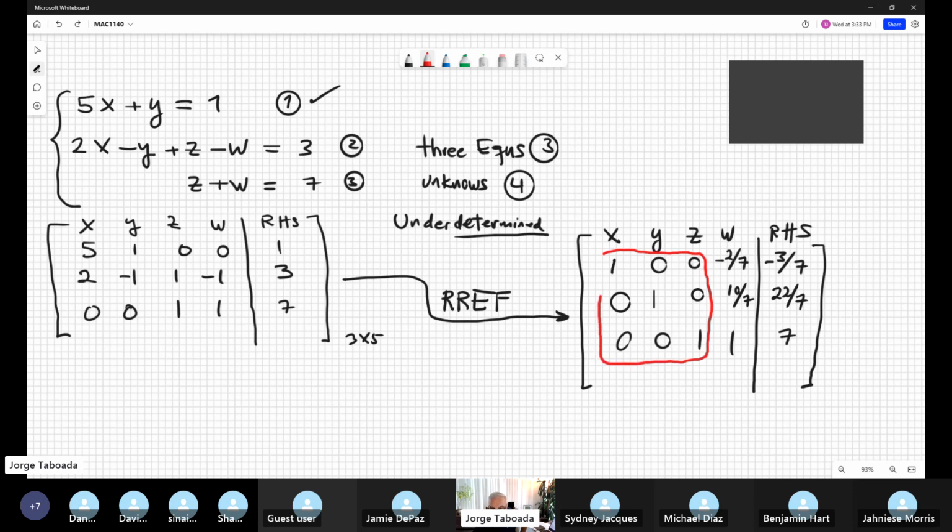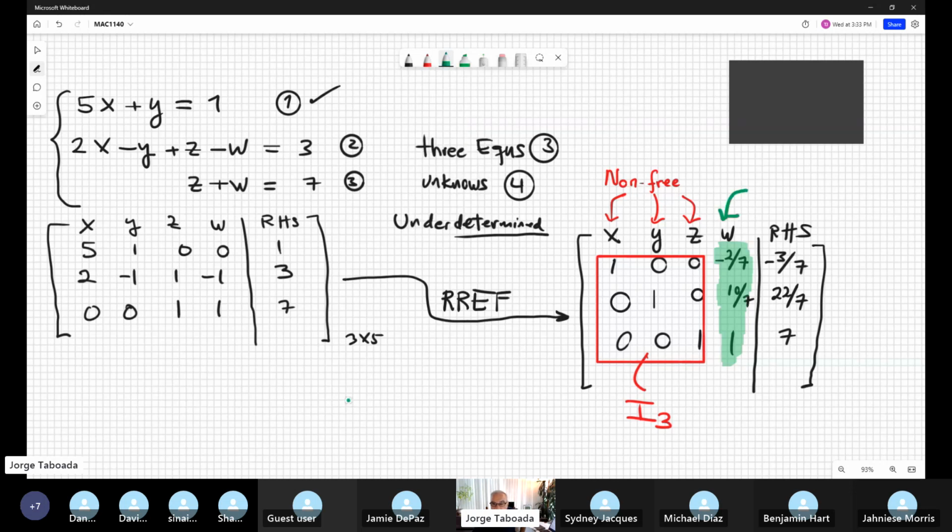That means that x, y, and z are non-free variables. But then, which is the free one? It is obvious that the free one is the extra block, totally independent of the identity matrix of dimension 3. This is the identity matrix of dimension 3, 3 by 3. Okay, so w is free. w is free.